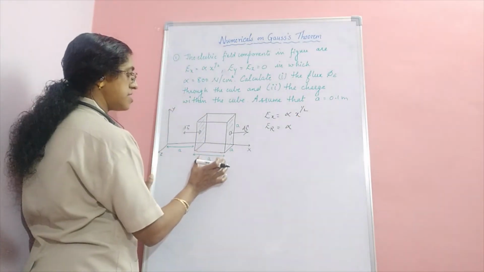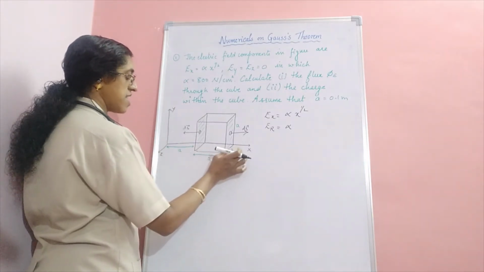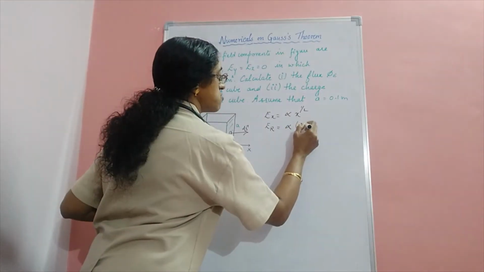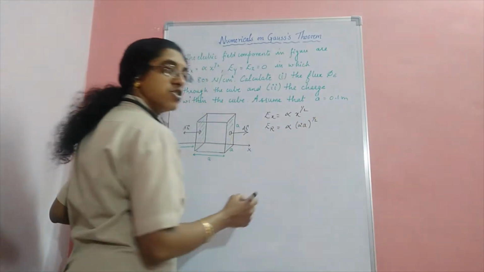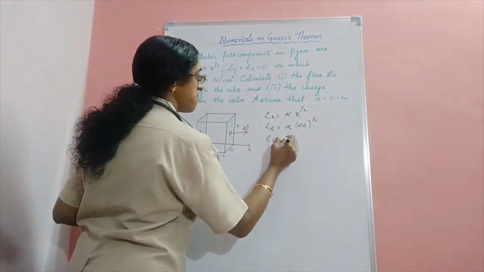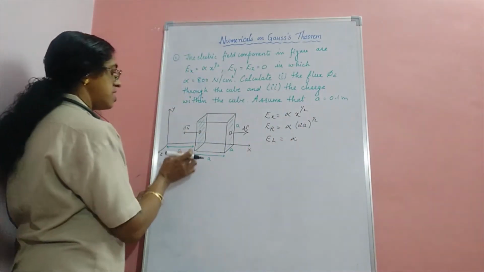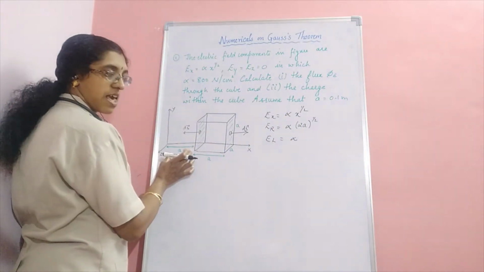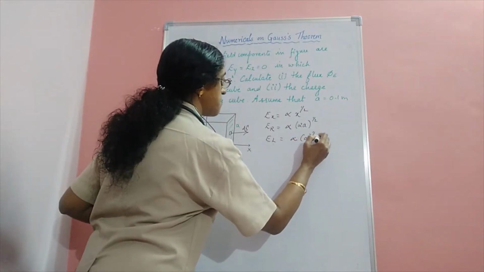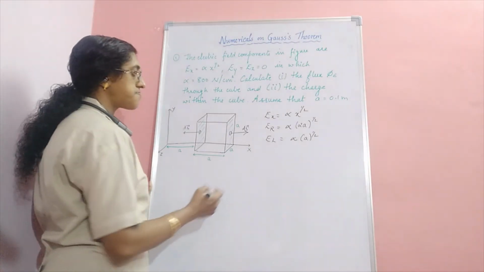A and A. That is the distance from the origin for the right face, A plus A, that is 2A. Hence, it would be (2A) to the power of 1 upon 2. Similarly, the electric field for the left face would be equal to alpha; for the left face, the distance is A, hence it would be A to the power of 1 upon 2. Now we'll calculate the flux.